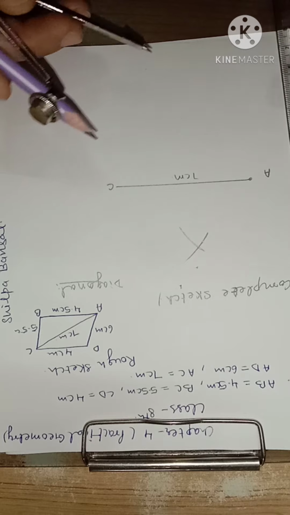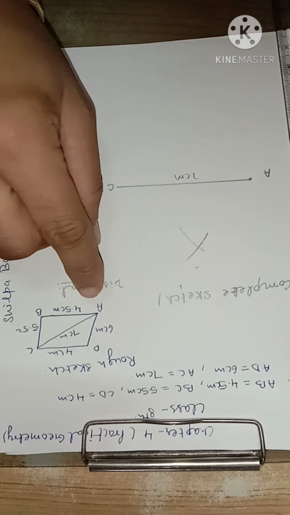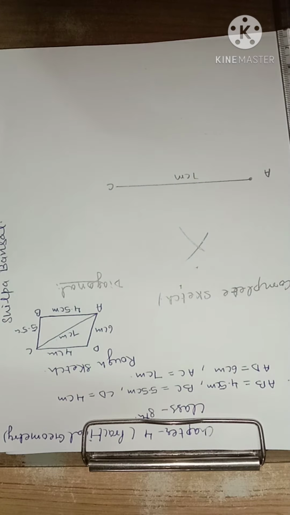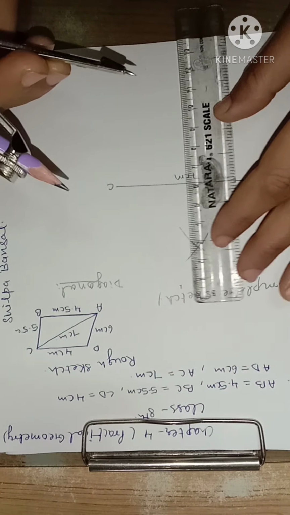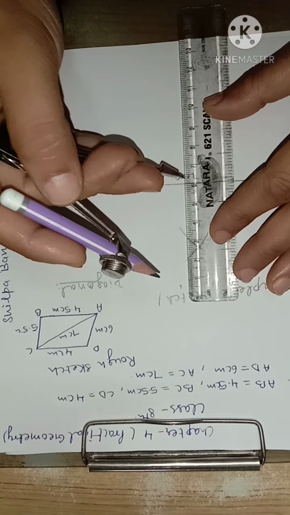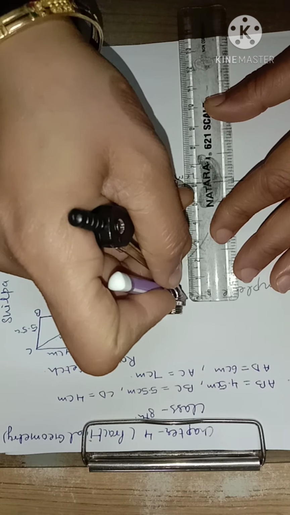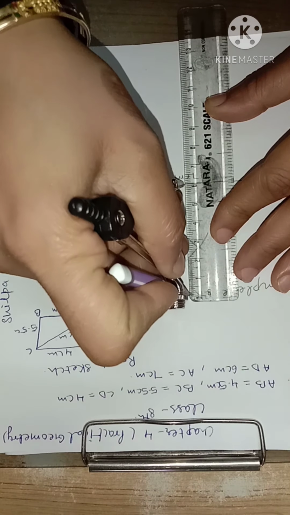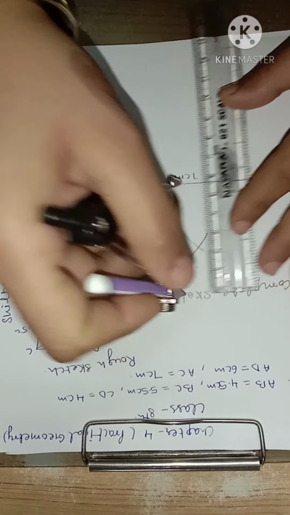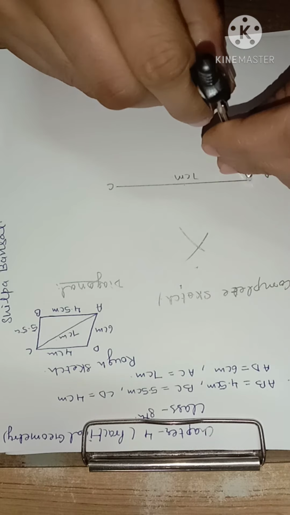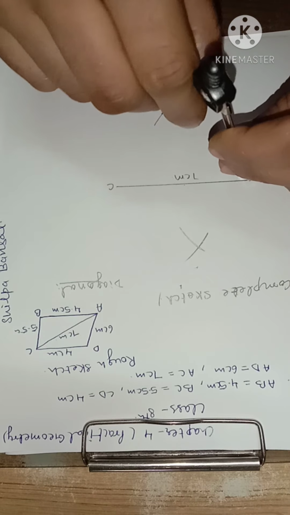Now next step: check the distance from A to D, that is 6 centimeters. Open the compass to 6 centimeters and draw an arc. Keep it at point A and draw an arc downward.